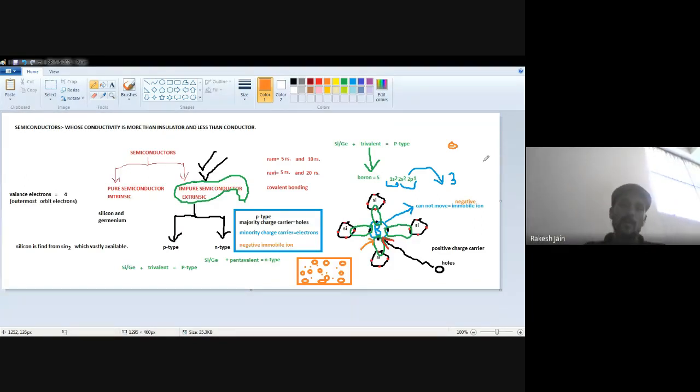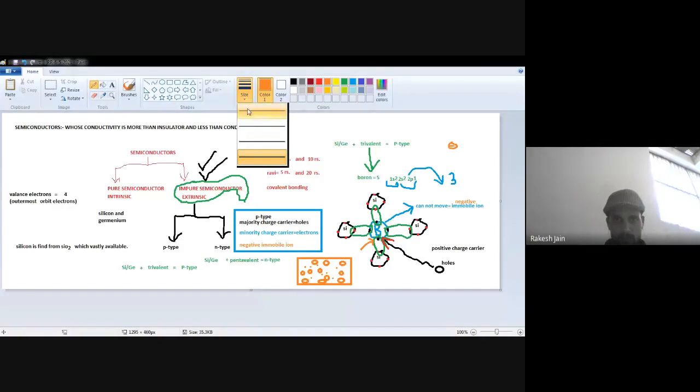That is the negative immobile ion. Just show it thinly. Yes, so this is the negative immobile ion.